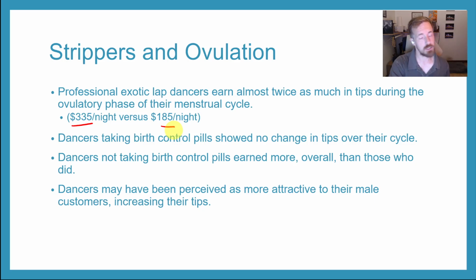People who are skeptics of it, because again, this is all very controversial research and people debate about this stuff all the time, some people argue that it could be the case that dancers who are ovulating are behaving slightly differently, and those slight differences in behavior are earning more tips. Maybe so. But it could also be something about chemosignals. It could be something about these signatures that we are detecting and unaware of because they're happening at a very low level, but they are subtly changing our behavior to act one way or the other.